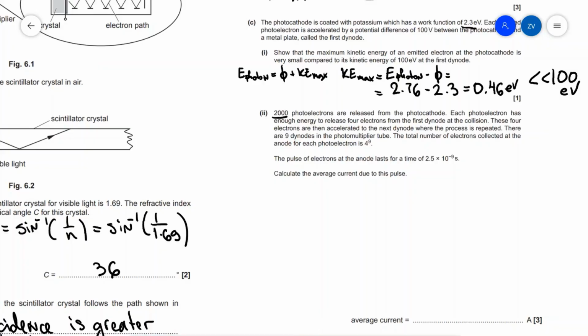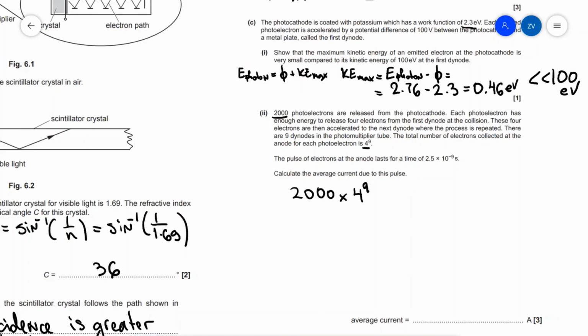Now, 2,000 photoelectrons are released from the photocathode, and then each photoelectron has enough energy to release 4 further electrons. So that means that the total number of electrons is going to be 2000 times 4 to the power of 9.